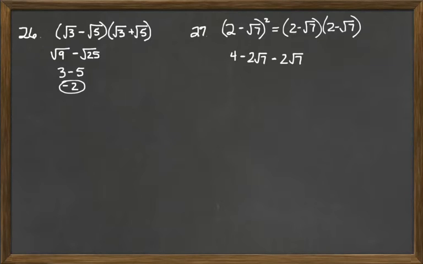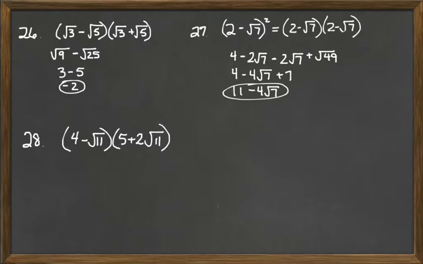You get the same thing. And then negative square root 7 times negative square root 7 is positive square root 49. And now let's clean things up a little bit. We can get 4 minus 4 root 7 plus 7, and now we can add the 4 and the 7 together to get 11 minus 4 root 7.